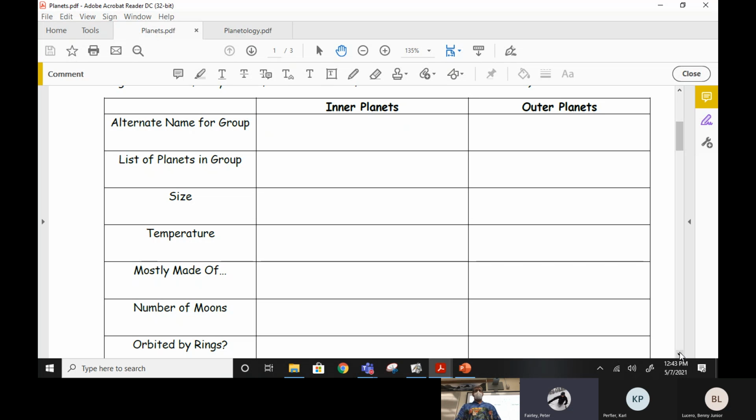So list the first 4 planets in the inner planet section. My very excellent mother. And list the 4 outer planets. Just sent us 9.